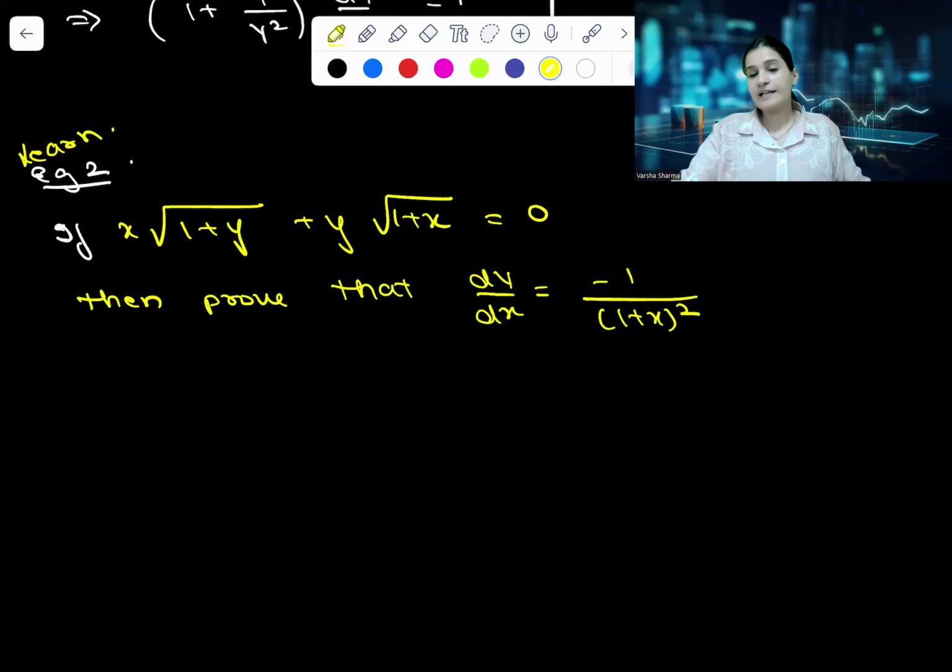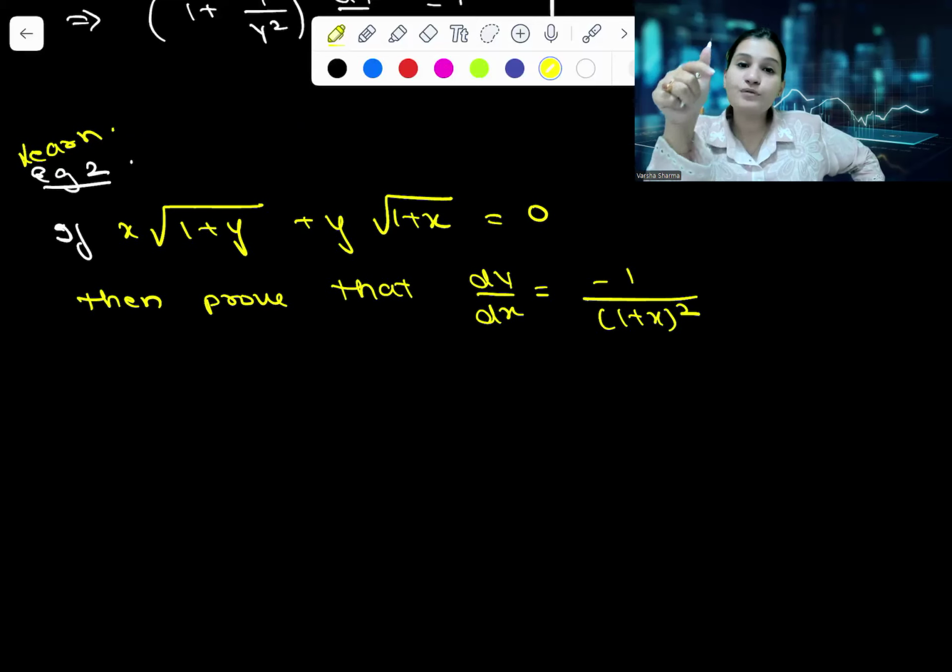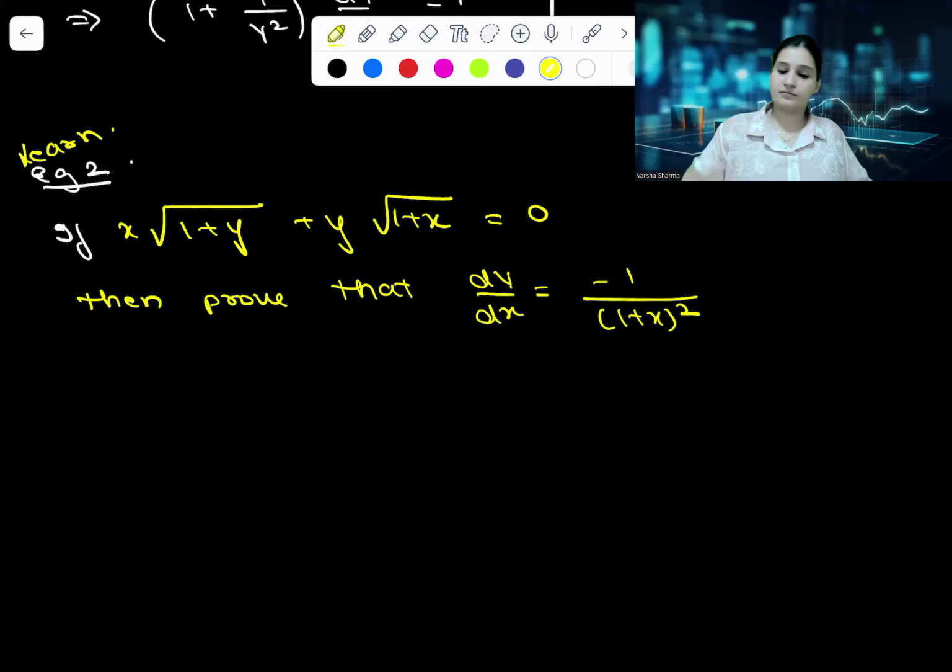Impossible. Right? So if you notice, in our question, there is both y and x which cannot be isolated. But in the proof that, there is no y. In the proof that, there is no root over. So we want to remove the root over. To remove the root over, what should we do? Square on both sides. But if I do the squaring right now, in the twice AB term, I will still have root over.